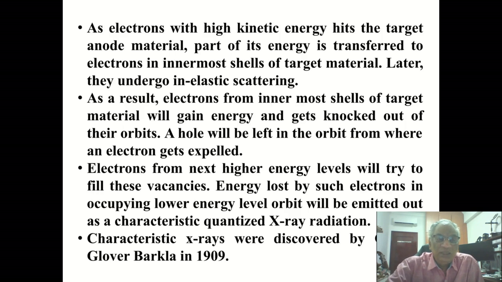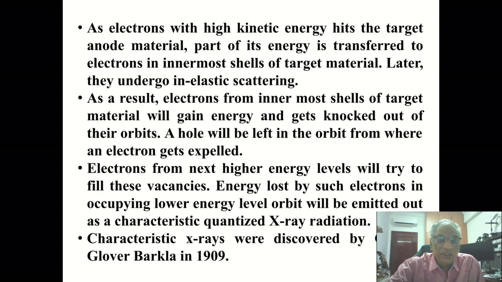As a result, the electrons from next higher energy level orbits will try to fill these vacancies, holes. In the process, the energy lost by such electrons in occupying lower energy level orbit will be emitted as a characteristic X-ray radiation.